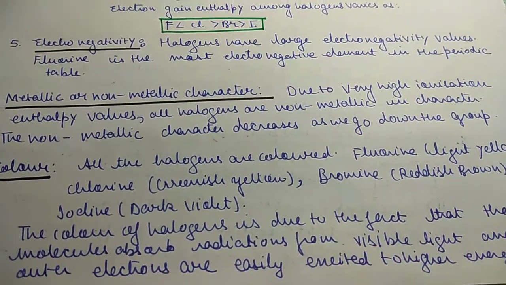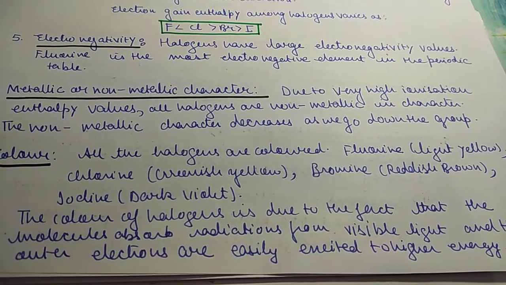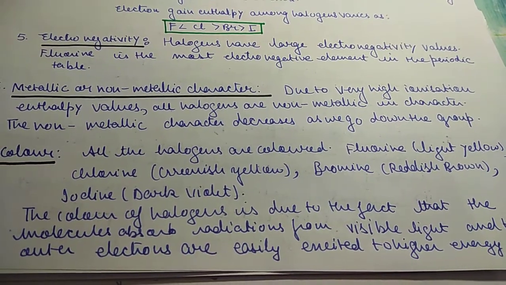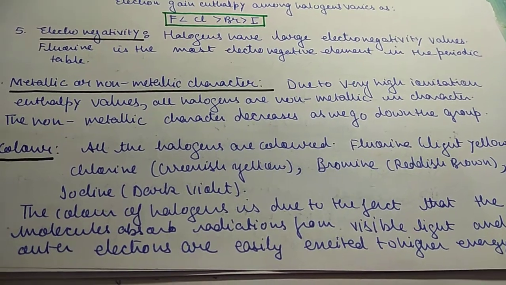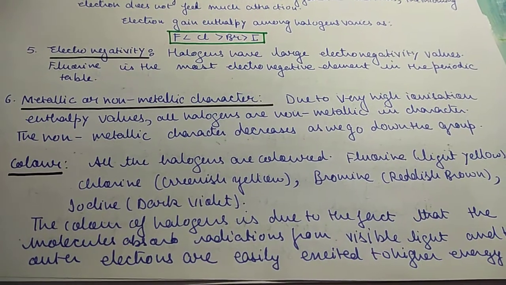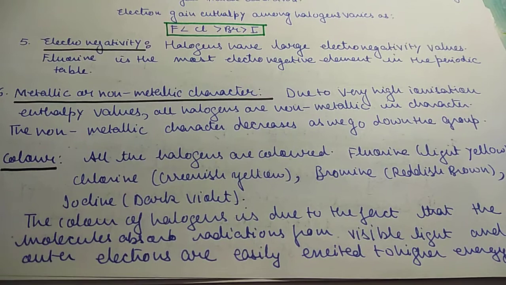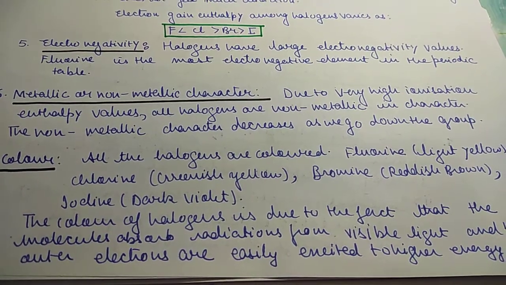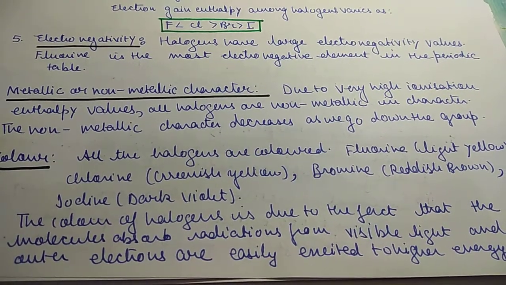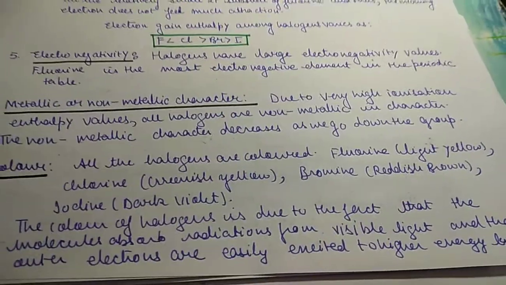Now color. All halogens are colored. Fluorine is light yellow in color, chlorine is greenish yellow, bromine is reddish brown, iodine is dark violet in color. The color of halogens is due to the fact that the molecules absorb radiations from the visible region of the spectrum, and their outermost electrons are easily excited to higher energy levels.